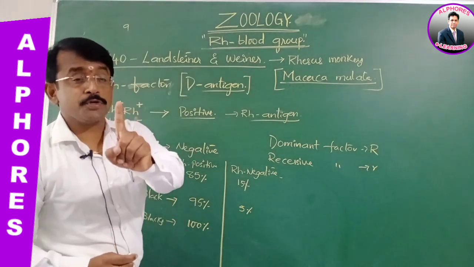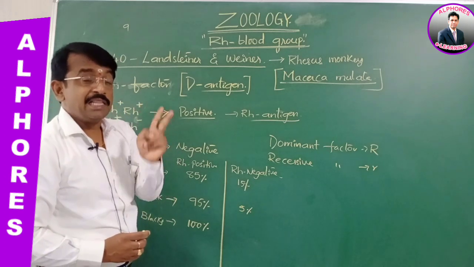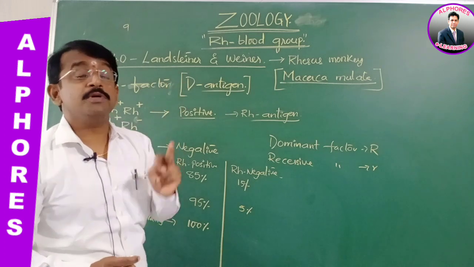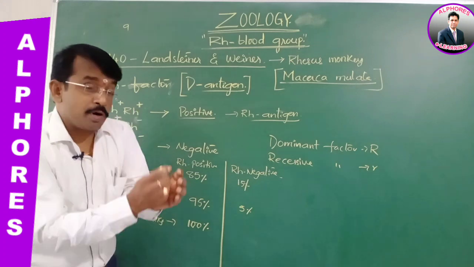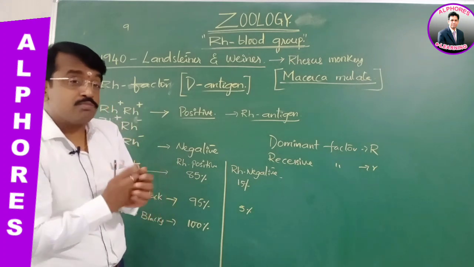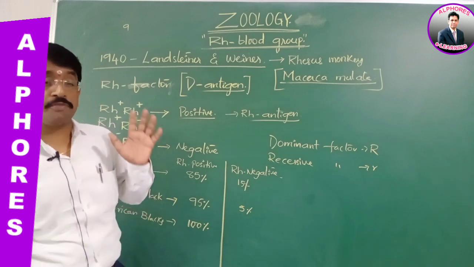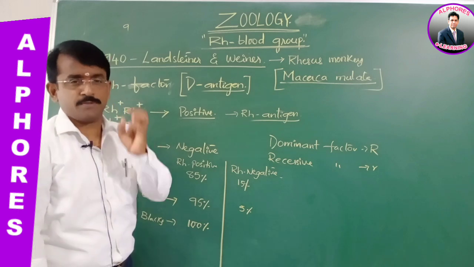During blood transfusion and pregnancy, the Rh blood grouping test is very, very important. One more point to remember: they are phenotypically normal, meaning they do not show any harmful symptoms.